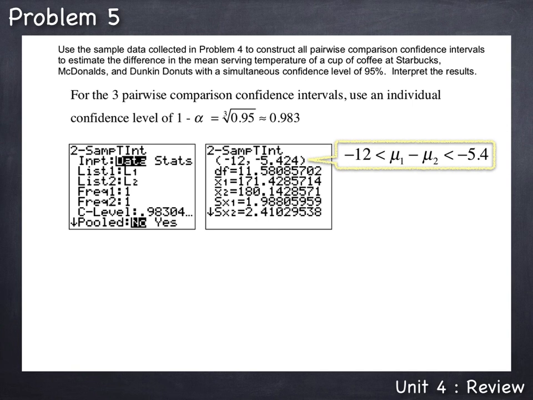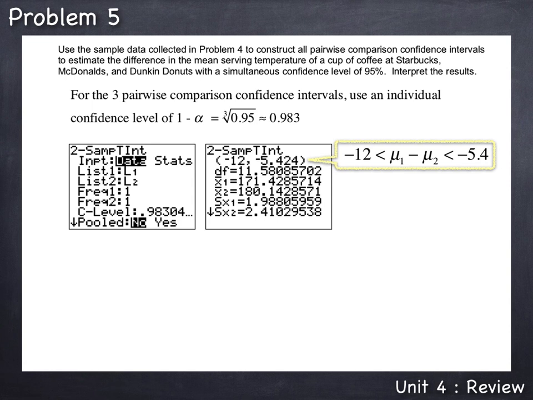Now that we've calculated this confidence interval, we need to interpret the result. That is, we need to, in words of the problem, communicate or describe what this result is telling us. Since mu1 is the mean serving temperature of a cup of coffee at Starbucks, and mu2 is the mean serving temperature of a cup of coffee at McDonald's, and this confidence interval is estimating mu1 minus mu2, we're actually estimating the difference in the mean serving temperature between Starbucks and McDonald's.